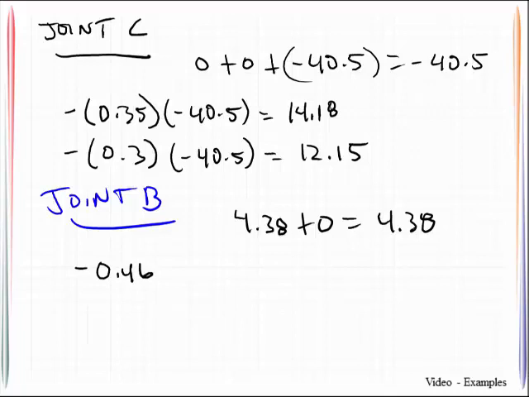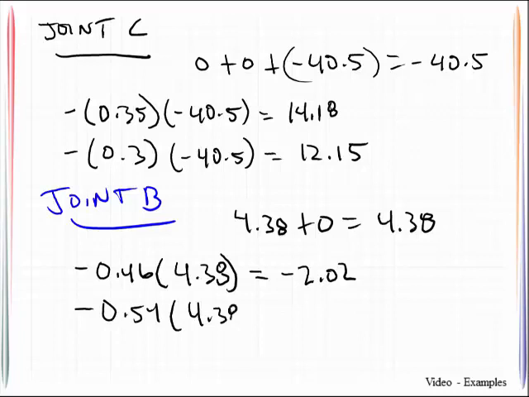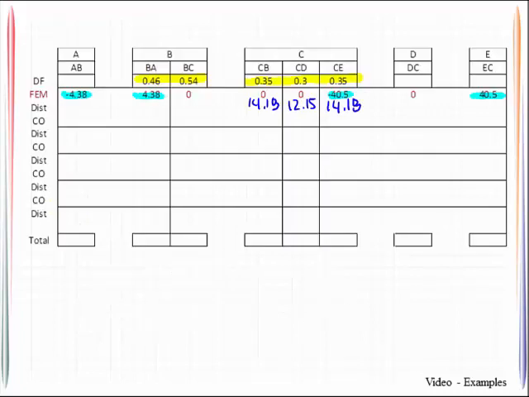Negative 0.46 times 4.38 equals negative 2.02, and negative 0.54 times 4.38 will be equal to negative 2.36. And I can go ahead and get that back onto my other table here. So that would be negative 2.02, negative 2.36. That handles the distribution, but now I've got to do the carryover.